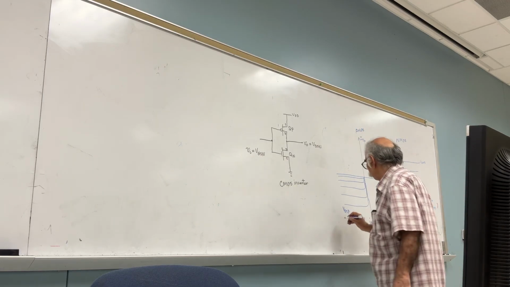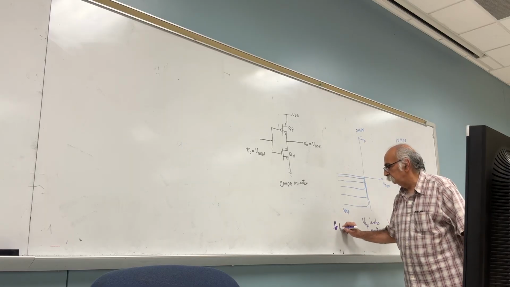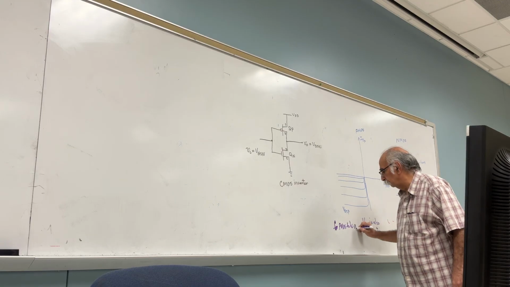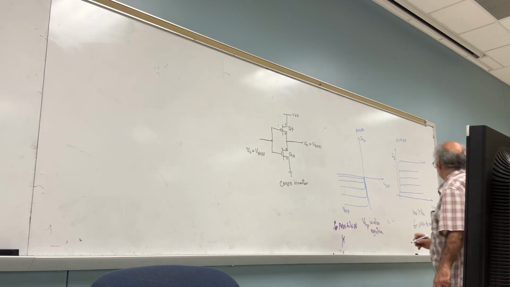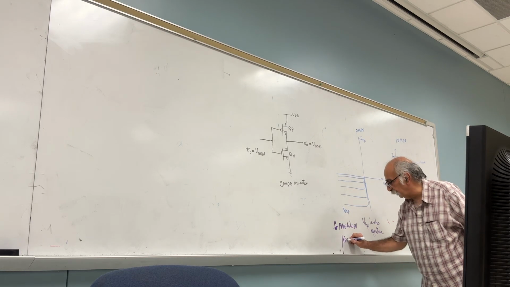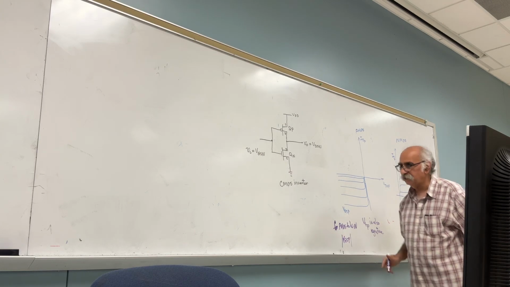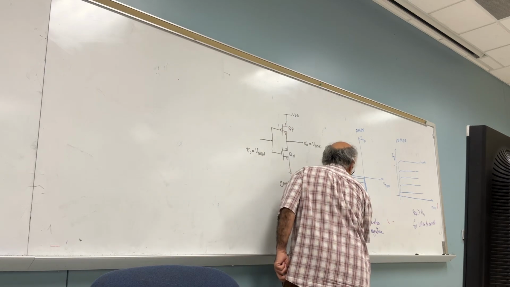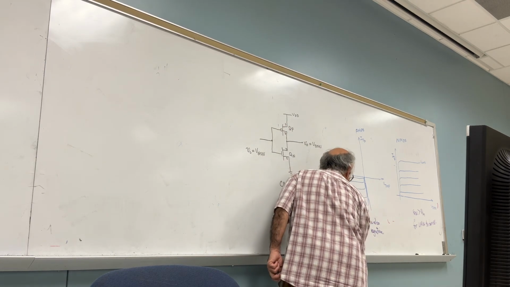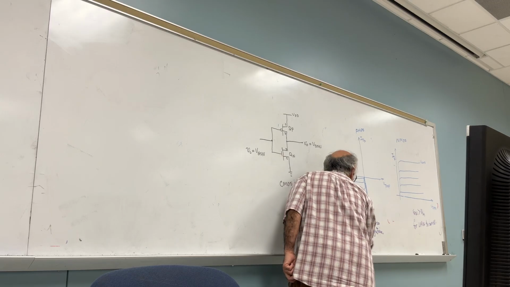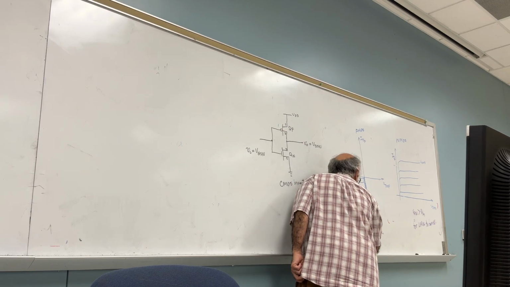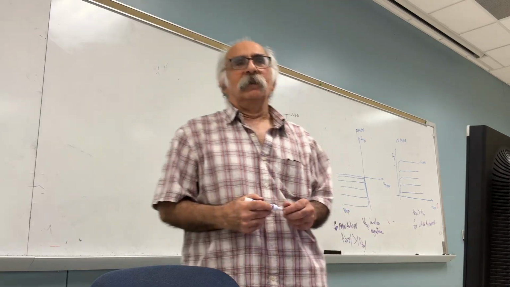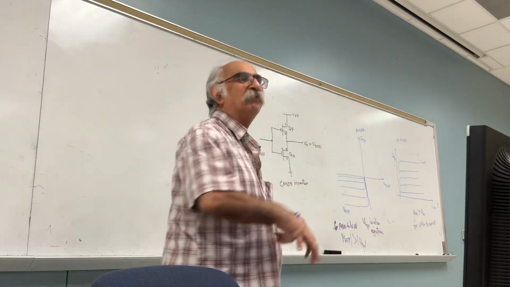For the PMOS to be on, the absolute value of VGSP has to be greater than the absolute value of VTP. Clear? Everything is absolute value.